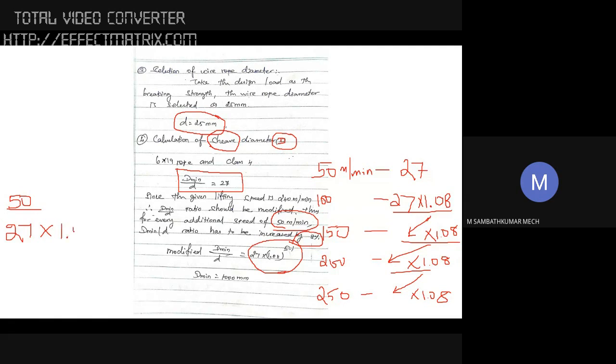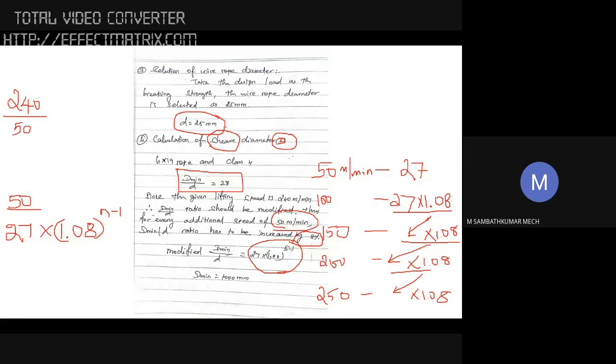So you should multiply with 1.08, the whole power n minus 1, 1.08 into 1.08 power n minus 1, where n is equal to, here the total velocity of the rope is 240 meter per minute. So 240 divided by 50, since you should find for each 50 meter per minute.